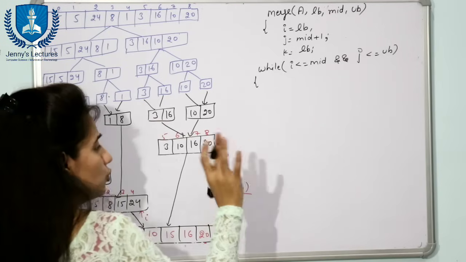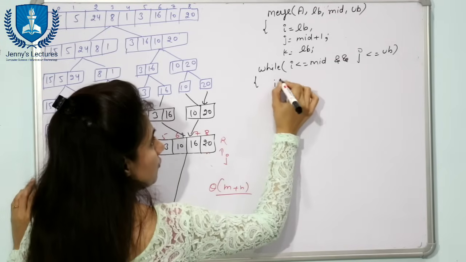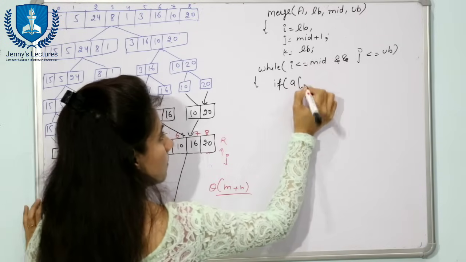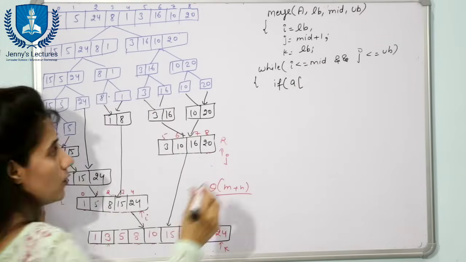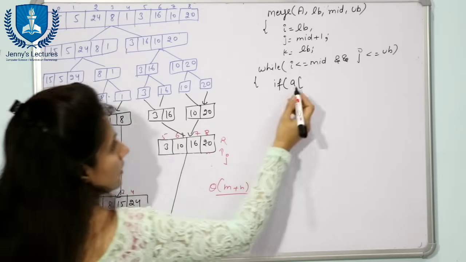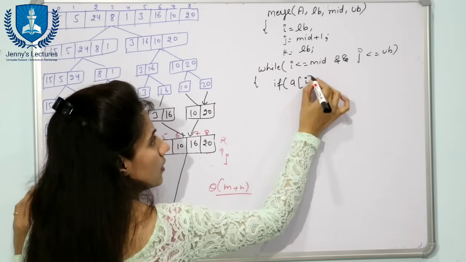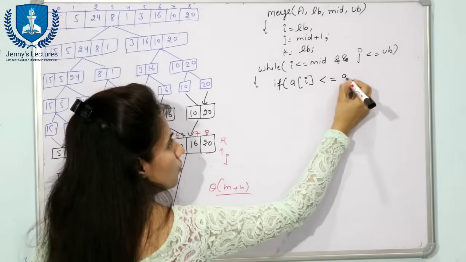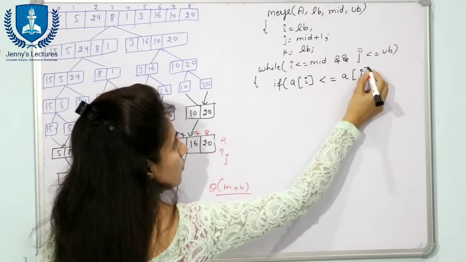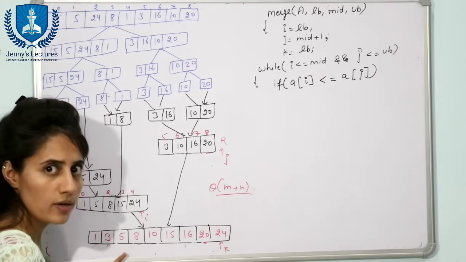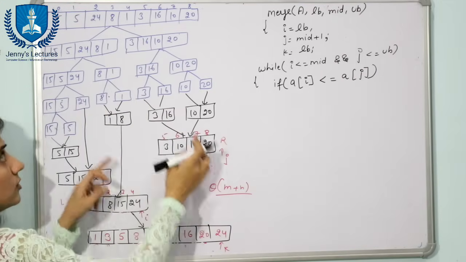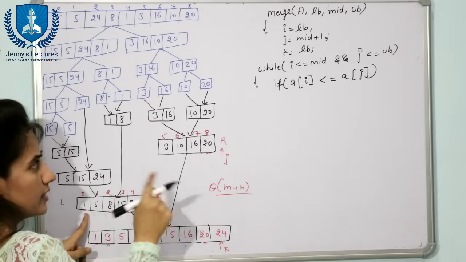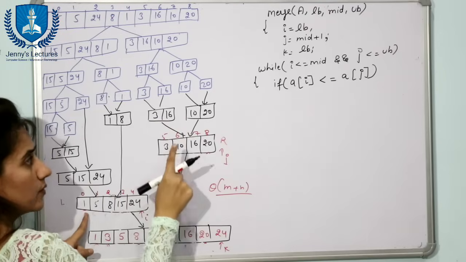Fine. So now you compare. If a of I, see, the name of this array is a, if a of I is less than or equal to a of j, because this array name is a only, then what will you put?